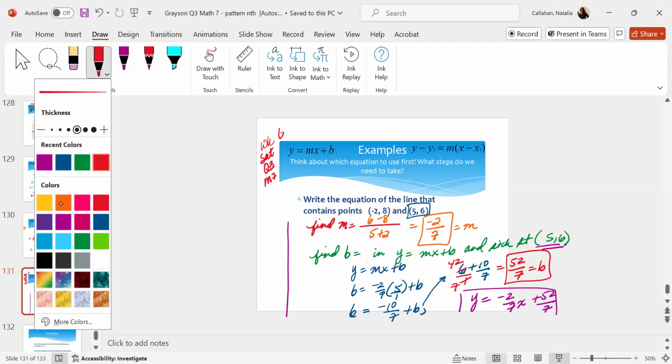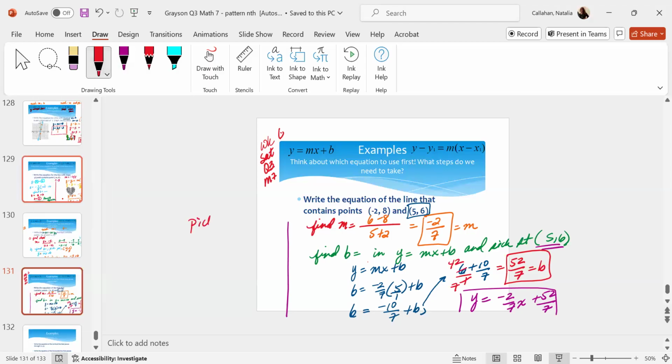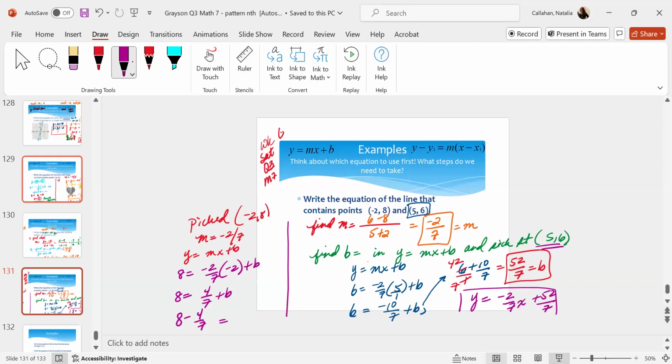Now if you picked the point (-2, 8), your slope is still -2 over 7, right? So when you plug into the equation, you should have 8 equals -2 over 7 times -2, plus b, which is positive 4 over 7 plus b. We have to subtract the 4 over 7. So it's 8 minus 4 over 7 equals b, right?